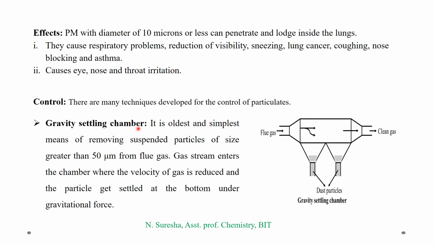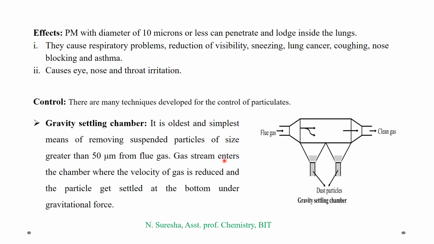Gravity settling chamber. It is the oldest and simplest means of removing suspended particles of size greater than 50 micrometer from flue gas. The flue gas containing particulate matter is passed through the gravity settling chamber at high speed.